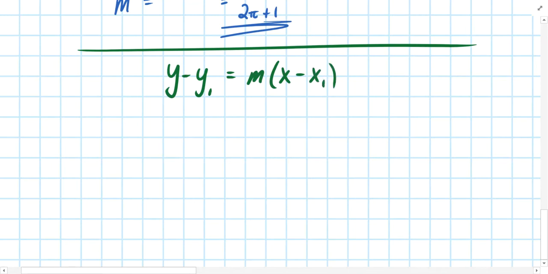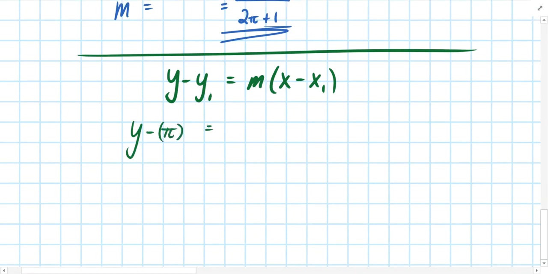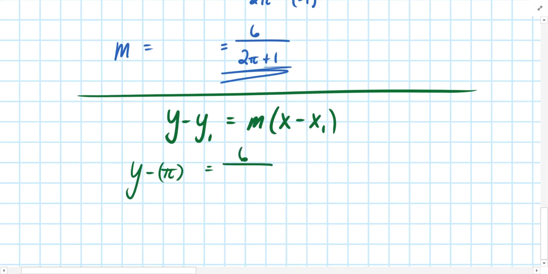The calculus is done. So here again, we have a y value of pi. We have a slope, which is a weird slope, but a slope nonetheless, of 6 over 2 pi plus 1, and an x-coordinate of pi squared over 6.